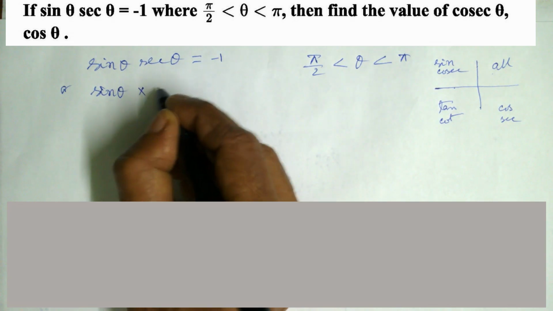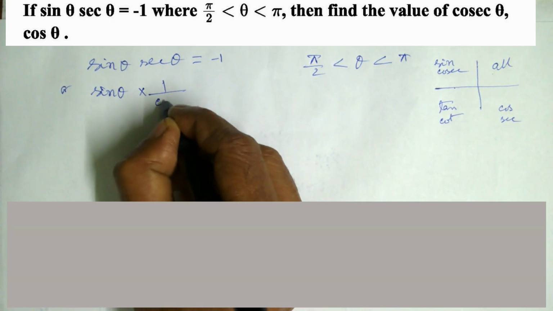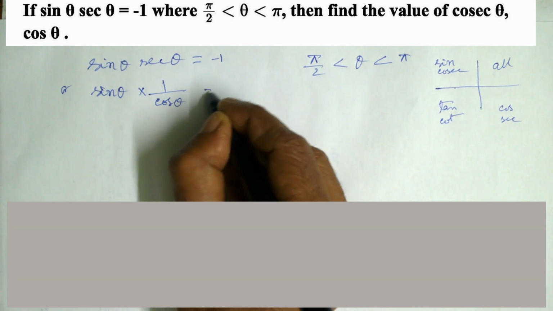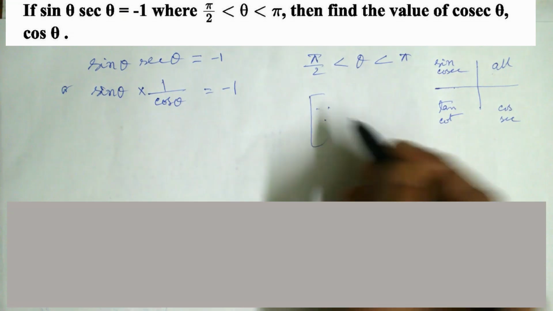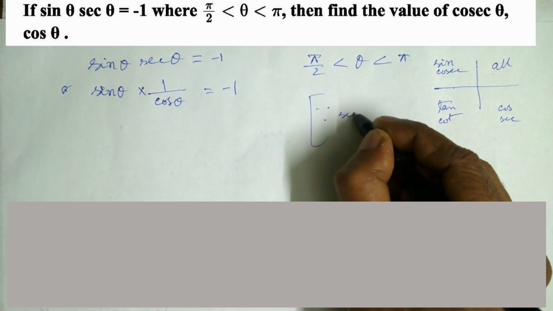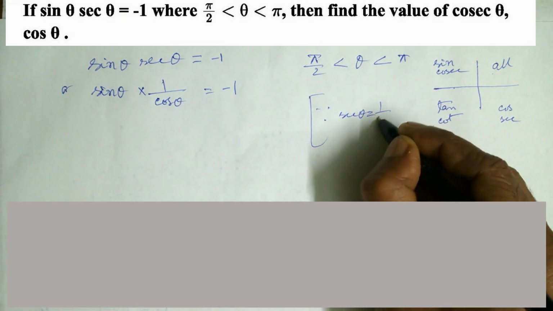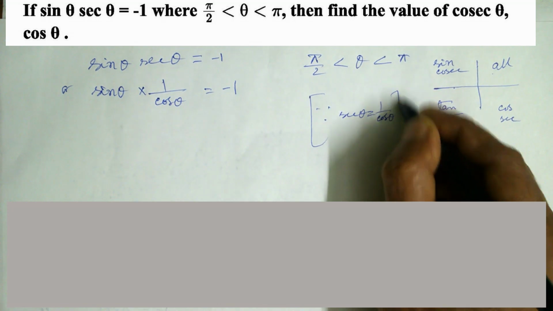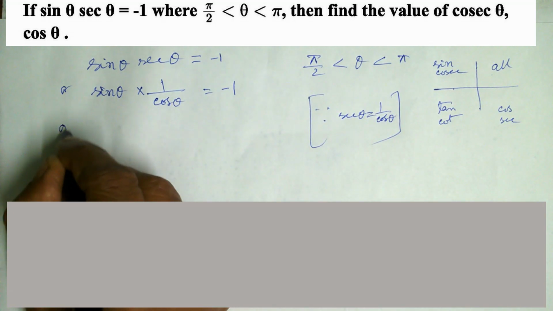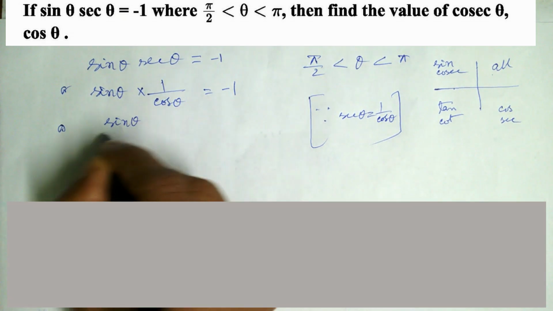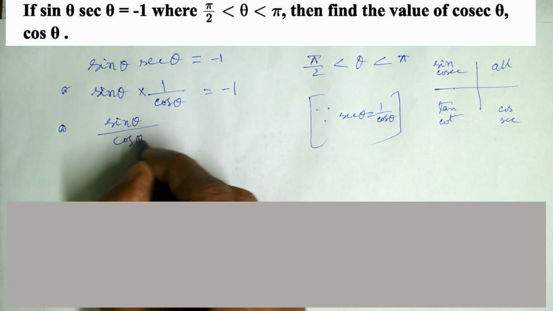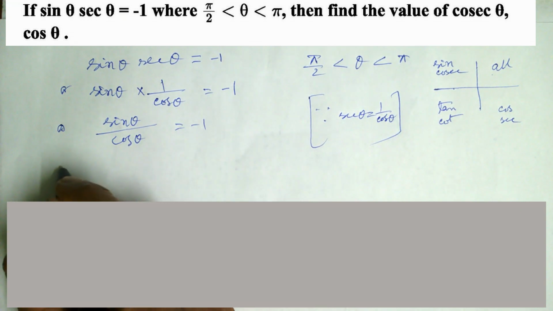So writing this, sin theta into 1 by cos theta is equal to -1, as sec theta is equal to 1 by cos theta. Now see, sin theta by cos theta is equal to -1.